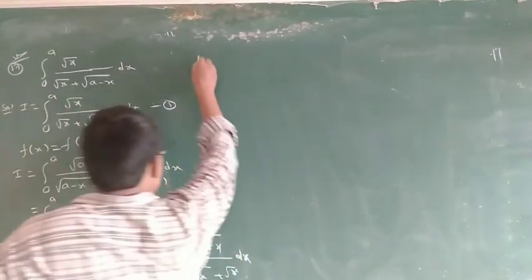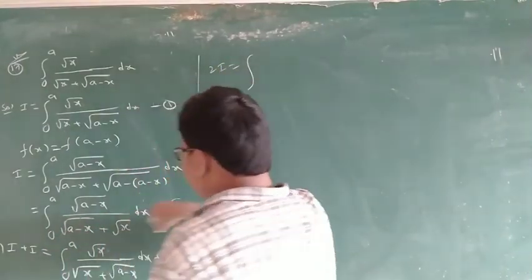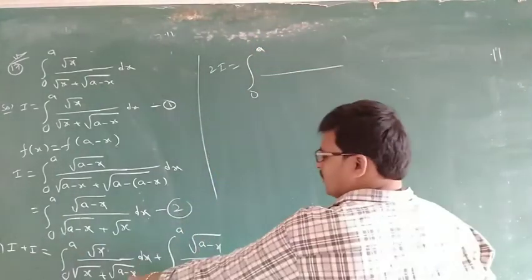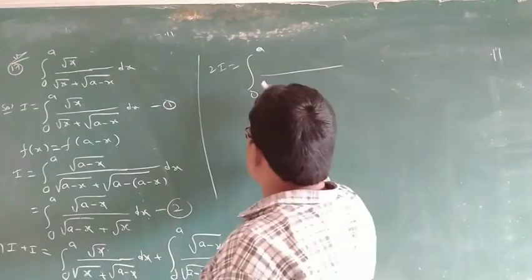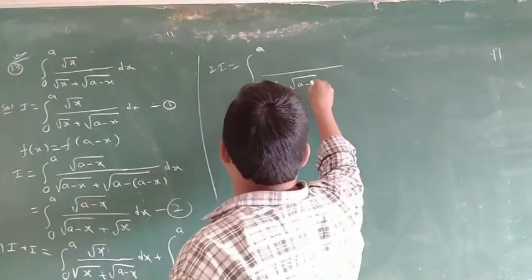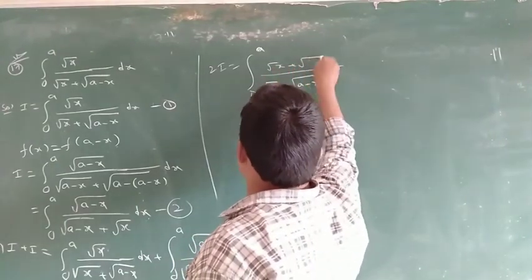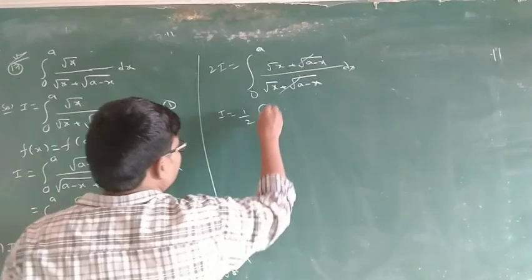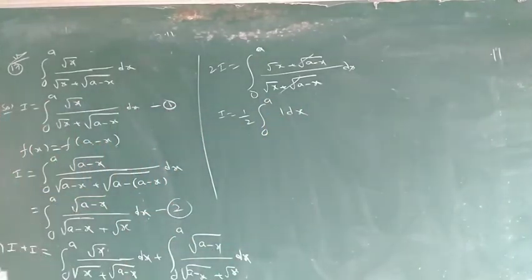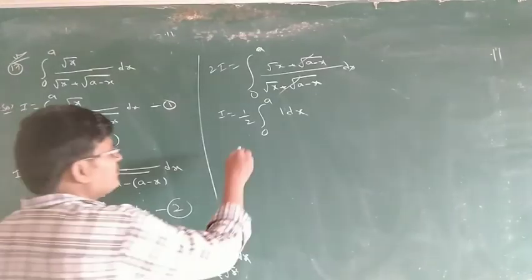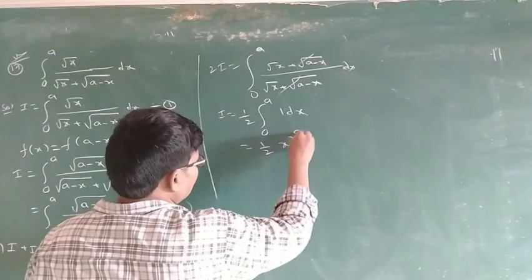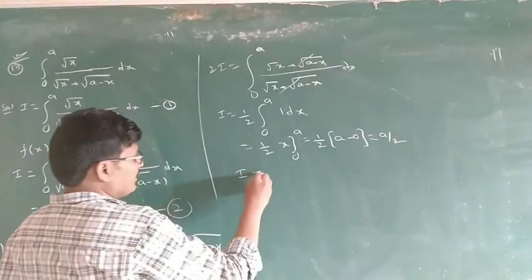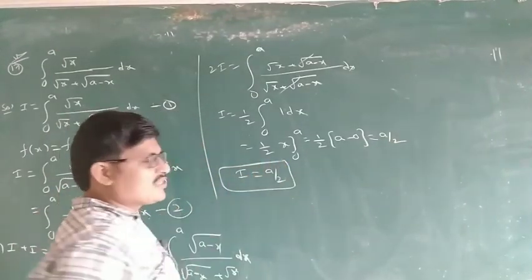The integrals have the same denominator, so the same LCM, root x plus root of a minus x, and both cancel. So 2I is equal to the integral from 0 to a of 1 dx, which is x from 0 to a. So I is 1 by 2 into the upper limit minus the lower limit, which is a by 2. The answer is a by 2.